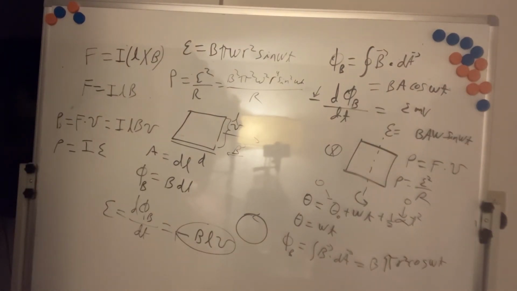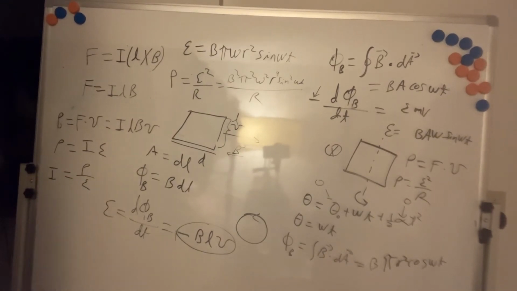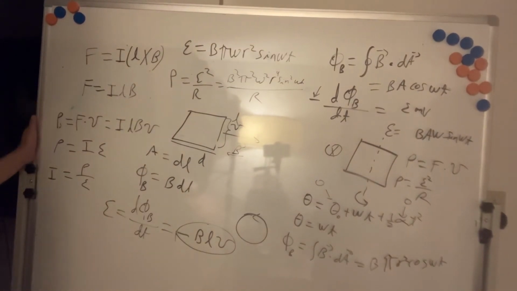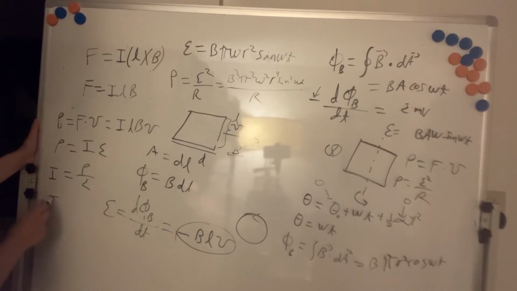So now the current here is power over the electromotive force, but also current is voltage divided by resistance.